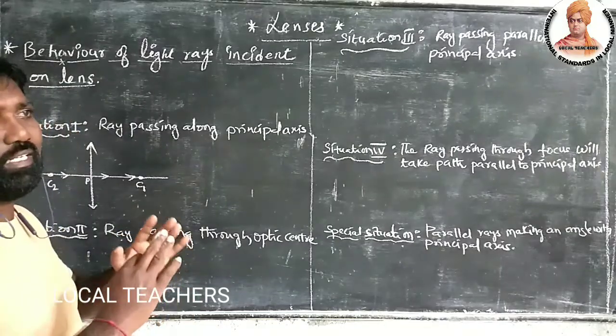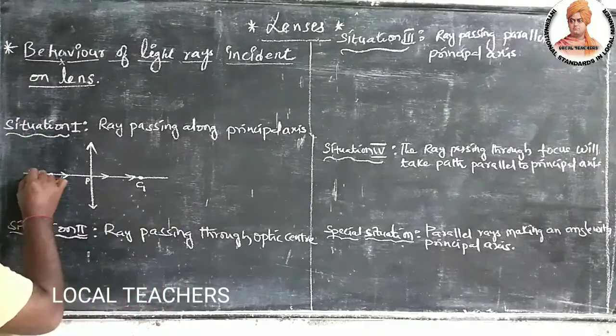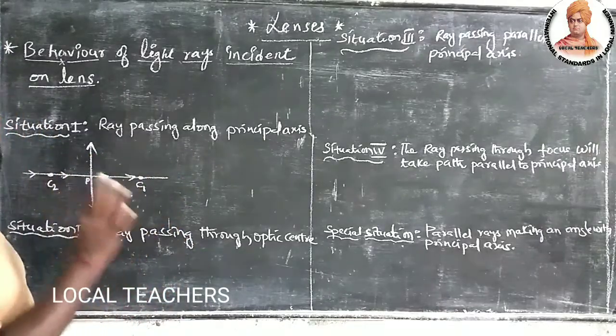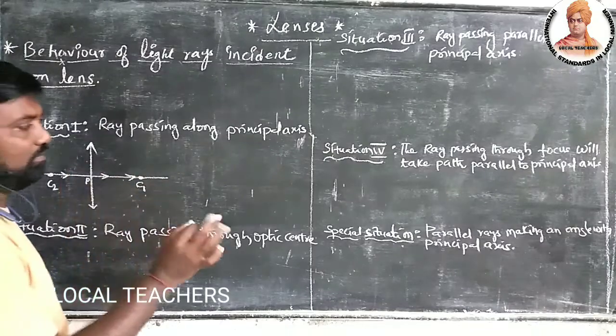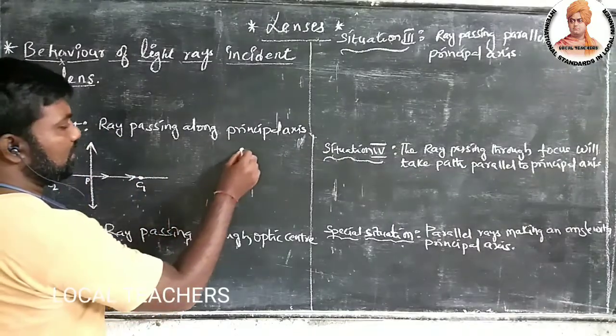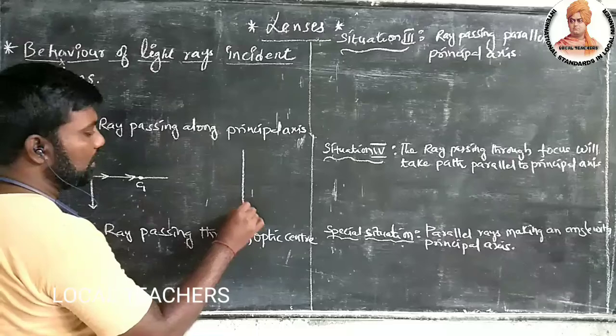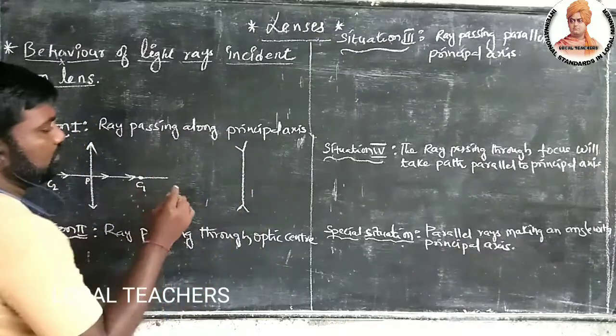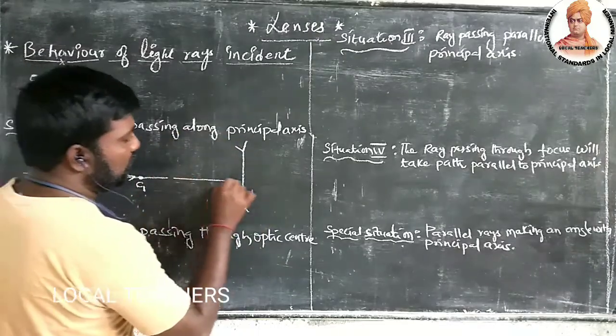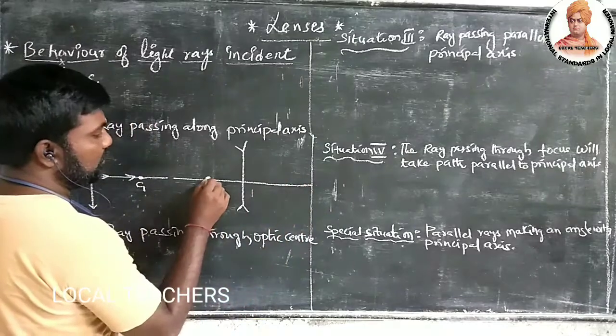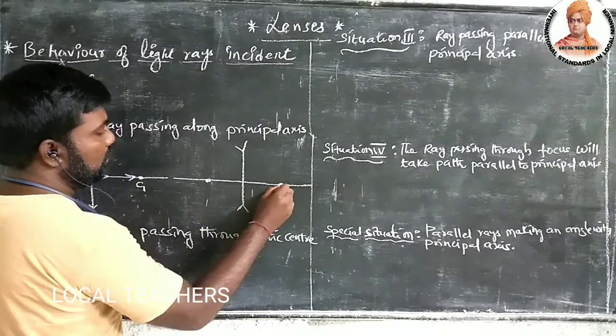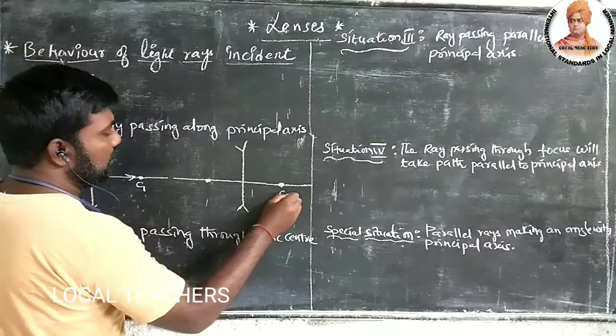So it is an undeviated ray. It will give a straight line. Next, consider a concave lens. Here also we draw the principal axis, which meets the two centers.